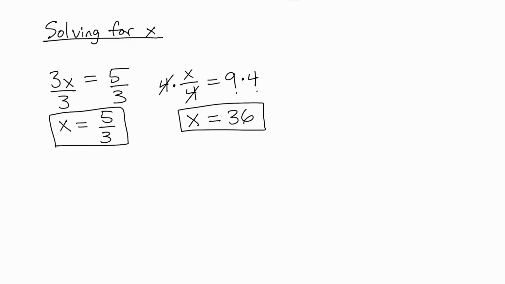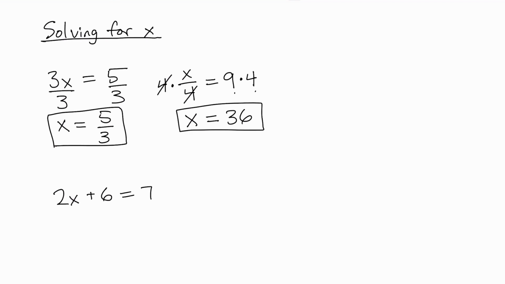What if we have more numbers to worry about? Let's say we have 2x plus 6 equals 7. Well, now we have to worry about the order that we're doing our operations. To get x by itself, first we need to worry about the terms that don't have x in them.